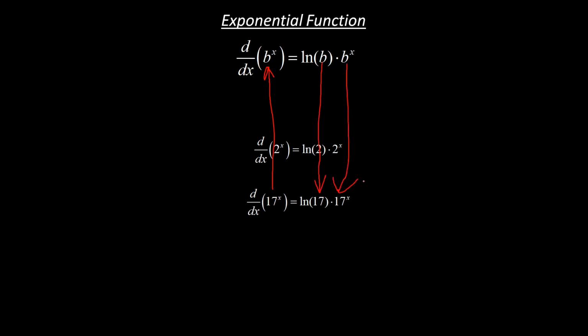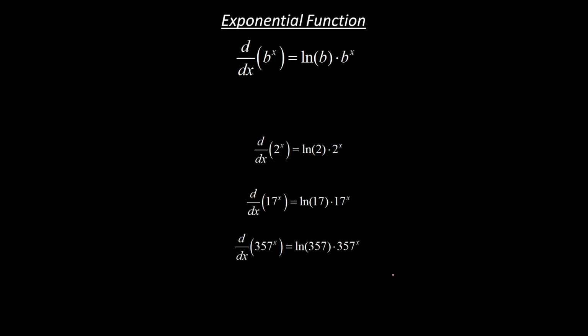The derivative pattern. This is the derivative. The derivative of an exponential function will always have this pattern. And again, I could just make these numbers larger. Doesn't change anything. It's still the same pattern.